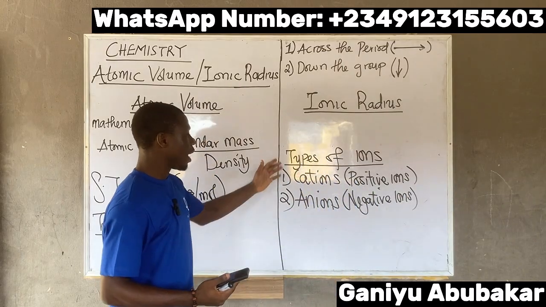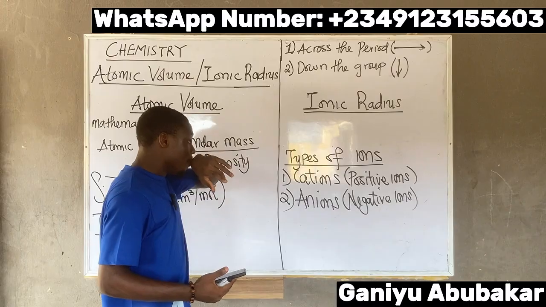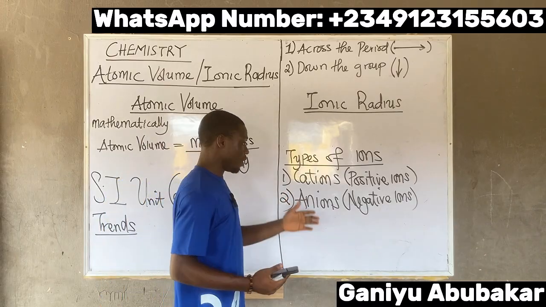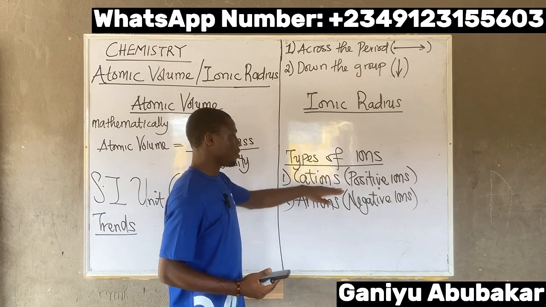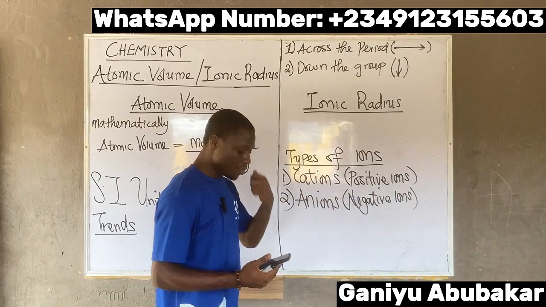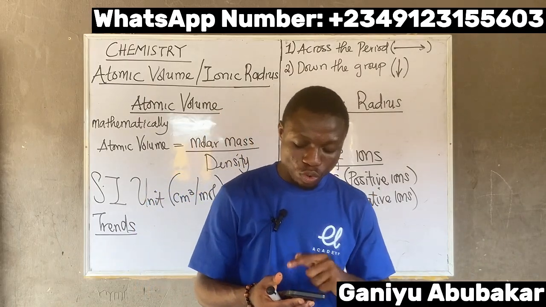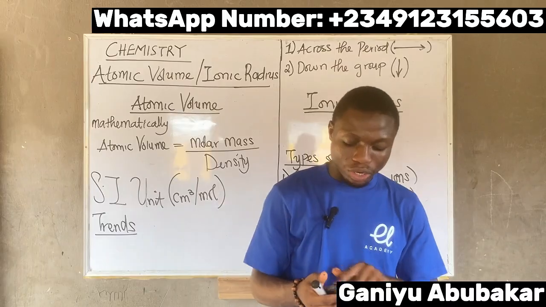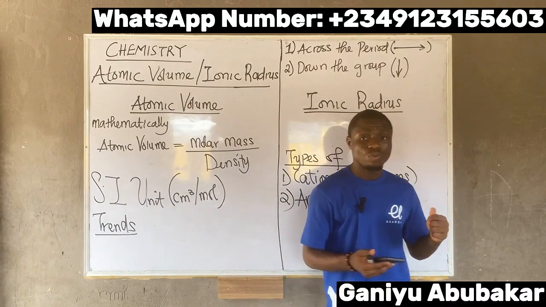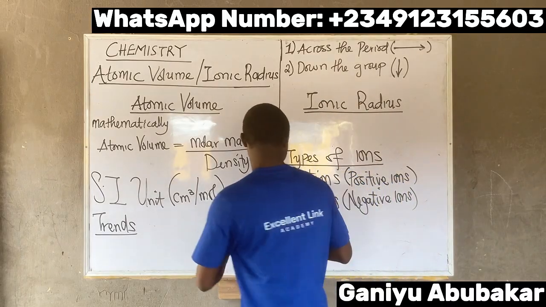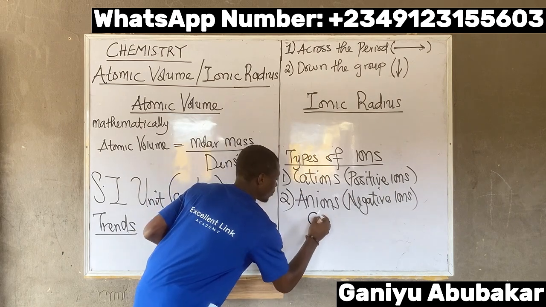So these are the two types of ion that we have: cation and anion. This one is positive ions and these are negative ions. Let's explain them one after the other. What's a cation? What is an anion? First things first, let's explain cation.